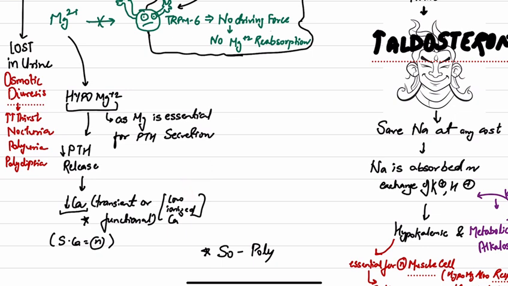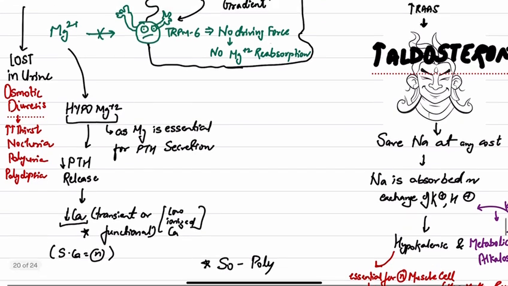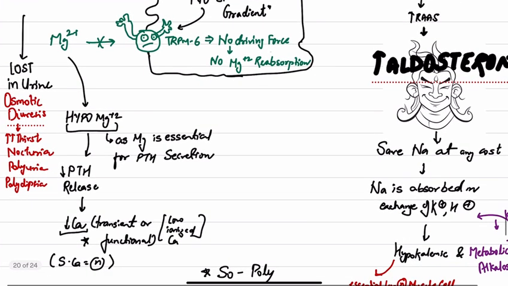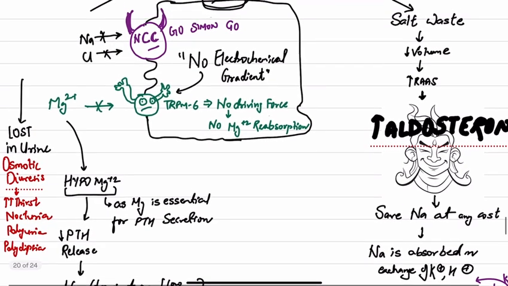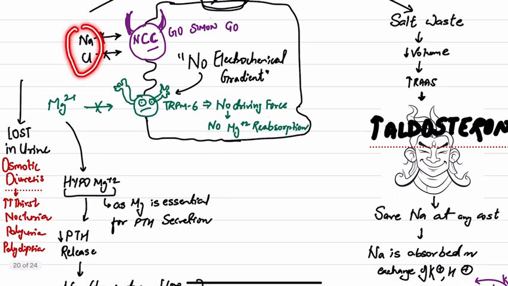But if you read some books, it is written that serum calcium is normal, because calcium is only transiently or functionally decreased. Remember this, and that's why hypocalcemic signs like tetany or Chvostek sign are present in these patients. As sodium chloride is excreted and lost in urine with water, there will be osmotic diuresis.